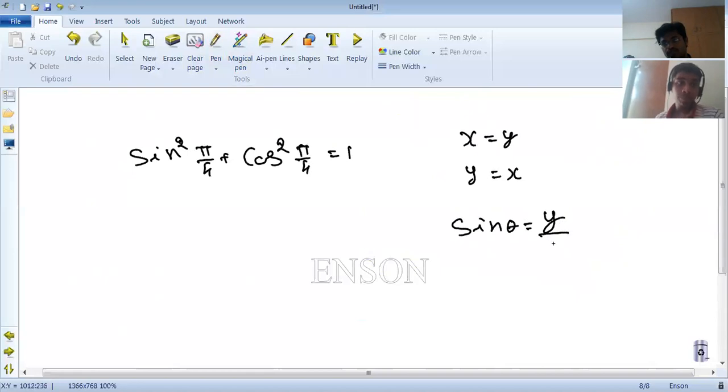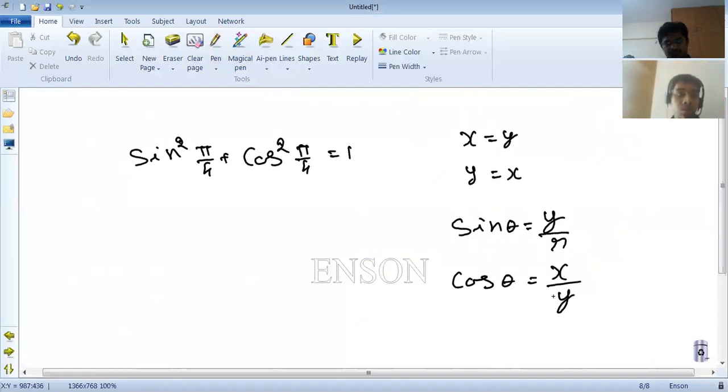Y coordinate value to the r, and cos theta will be x coordinate value to the r. As I said, x is equal to y. Can I write x instead of y here? I'm writing it as x by r.